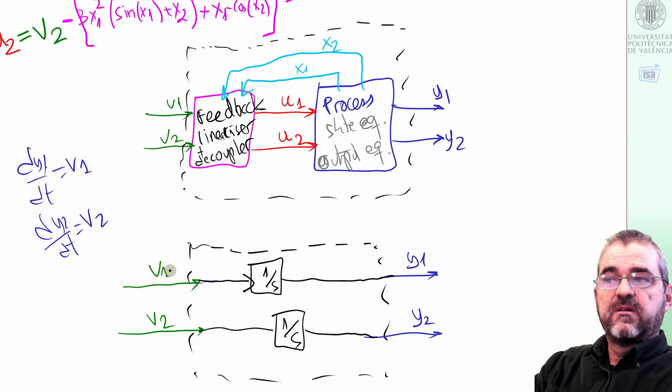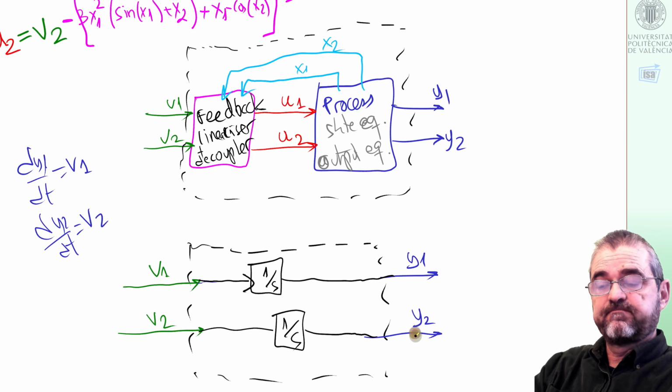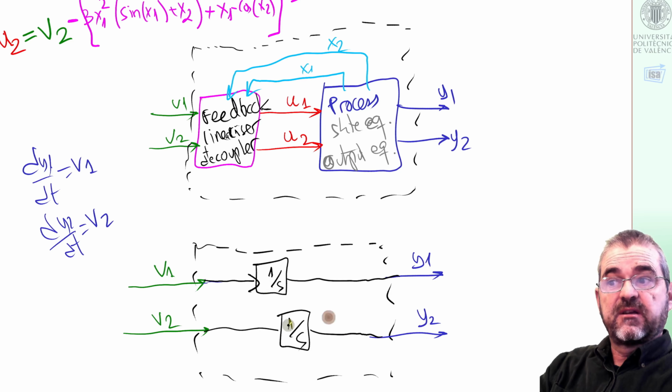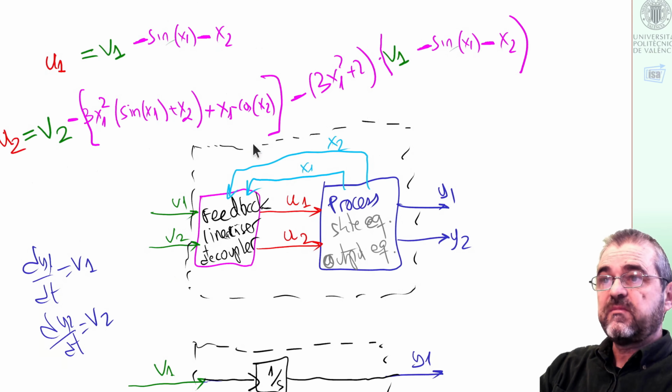You can see that v1 only seems to have an effect over y1, and v2 only has an effect on y2.